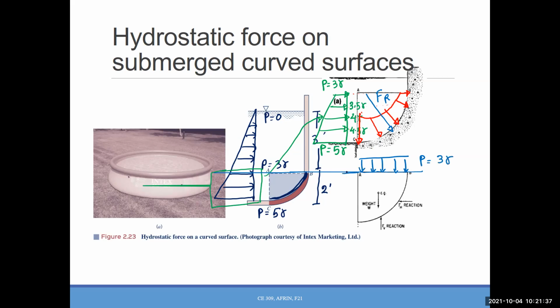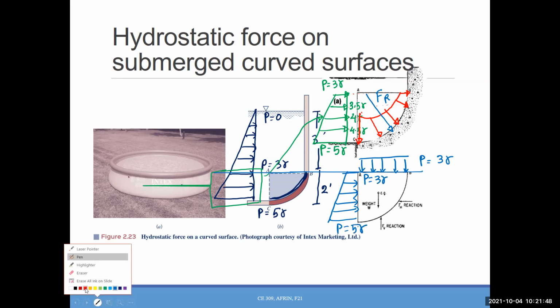And on this side, it will be 3 gamma, and 5 gamma. So this is the horizontal force resultant. This is the vertical force resultant.